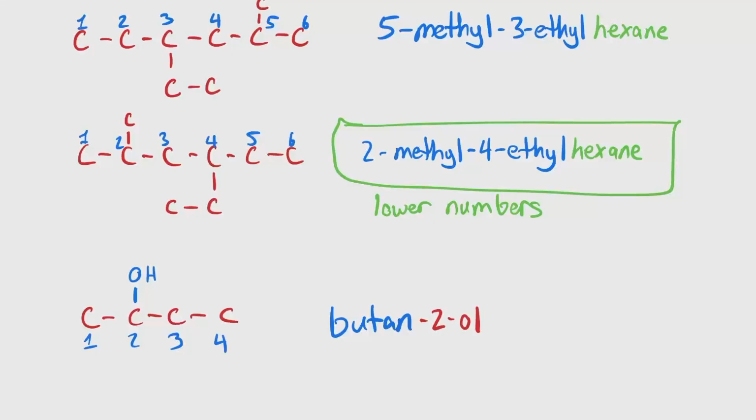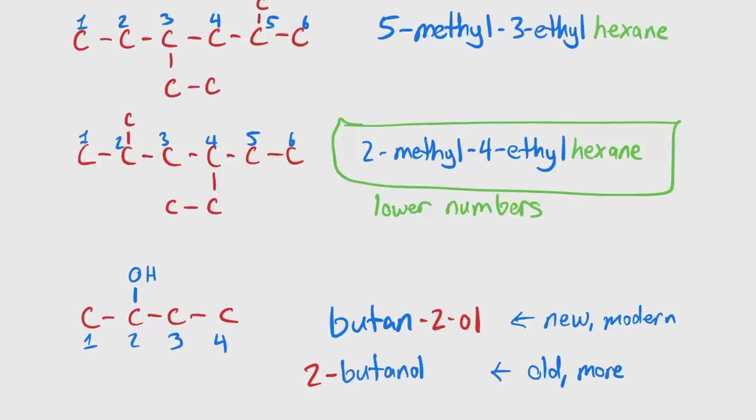That's the modern naming. You will also probably more frequently see 2-butanol. The modern naming is that we put the number right next to the group. And the old, more common version is to put the number at the front.